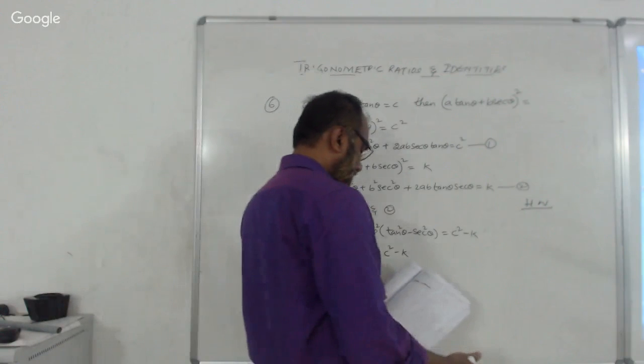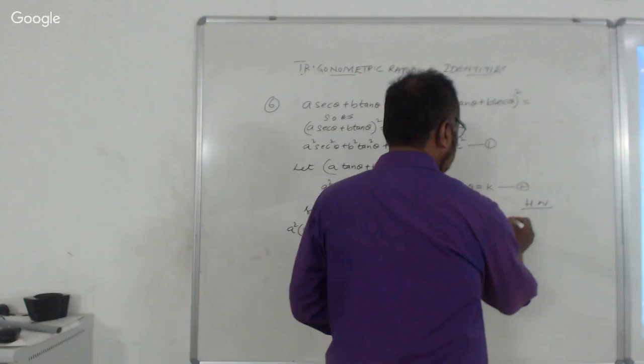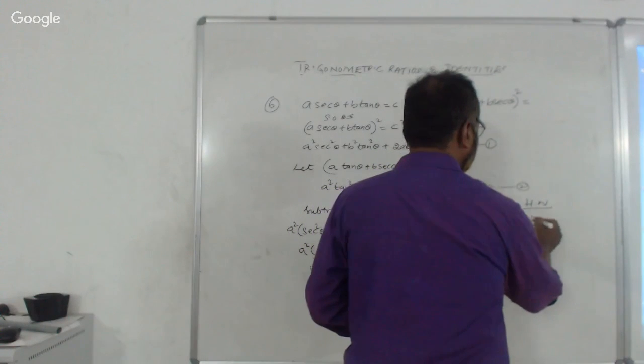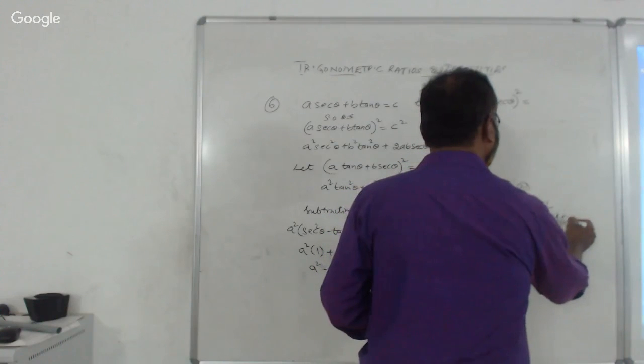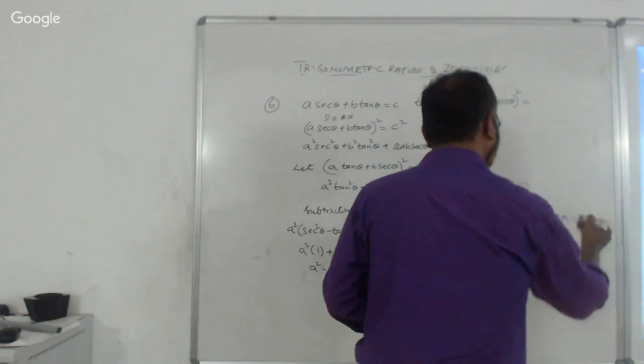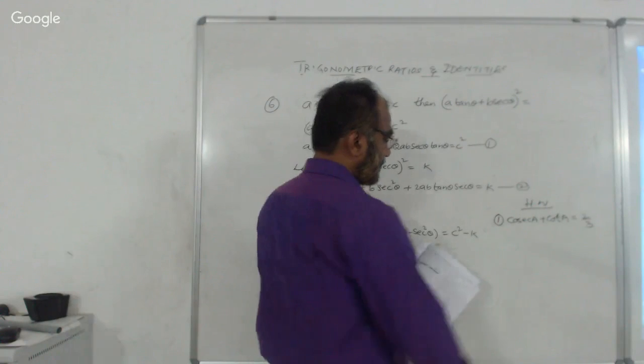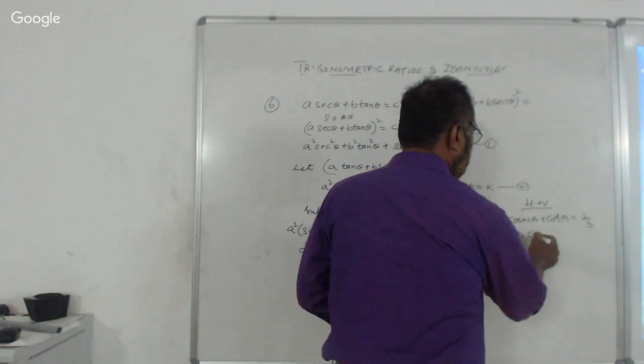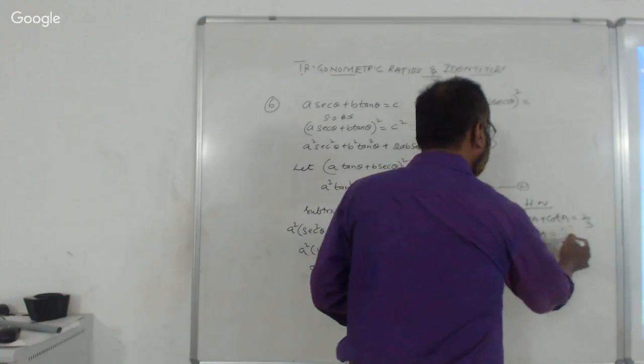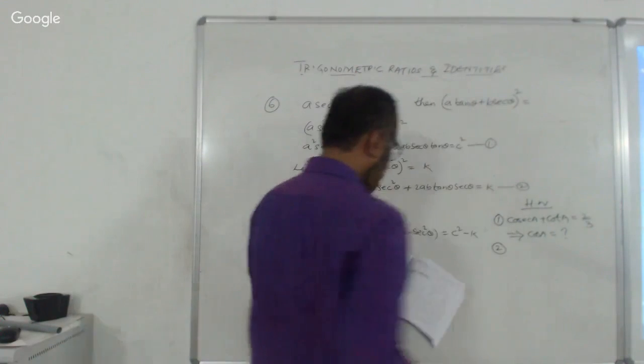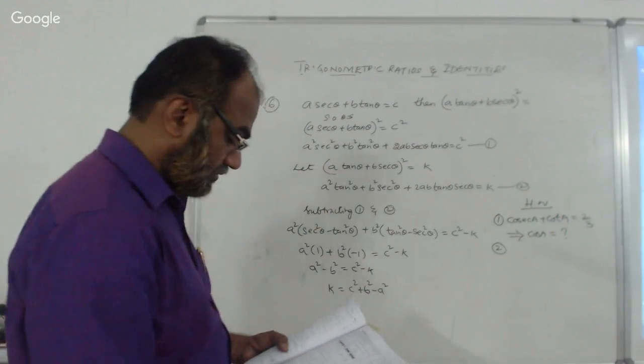Cosecant theta plus 40 equals 2 by p, then what is cos? I wrote the concept yesterday, you check it out.